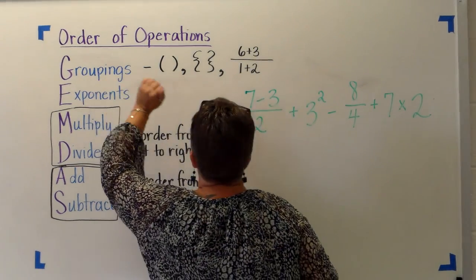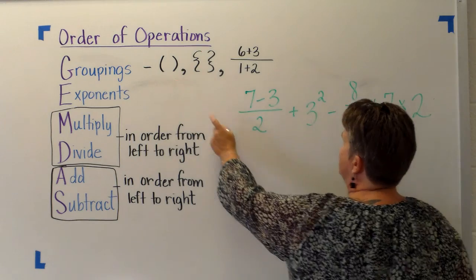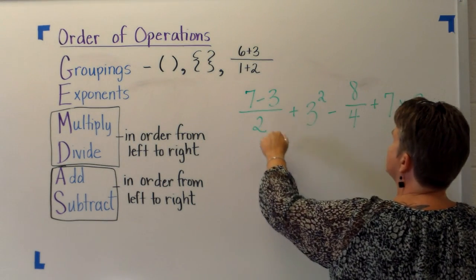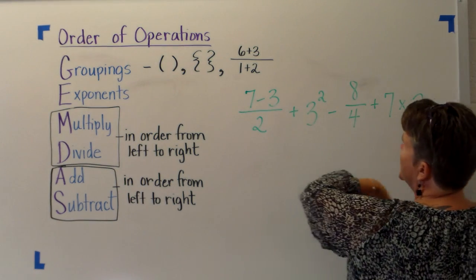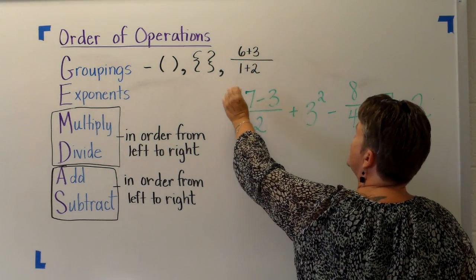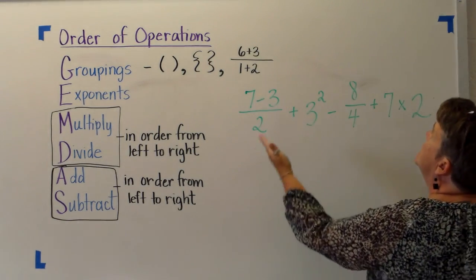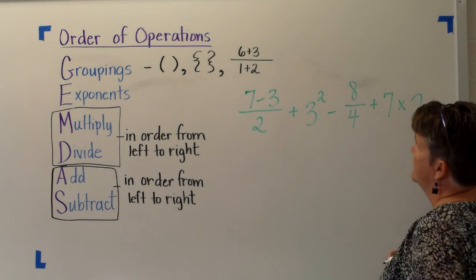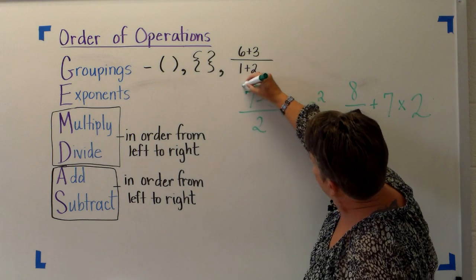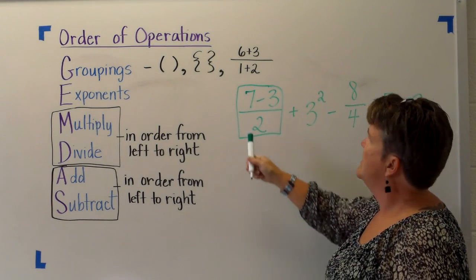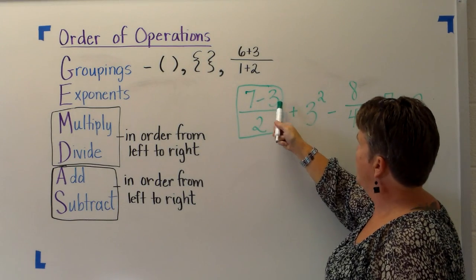First thing we check is groupings. Are there any parentheses? Nope. Are there any brackets? Nope. Are there any division bars that have an operation in the numerator or denominator? Yes, right here. So it's the very first thing. We put a box around that part and we do the math. 7 minus 3.